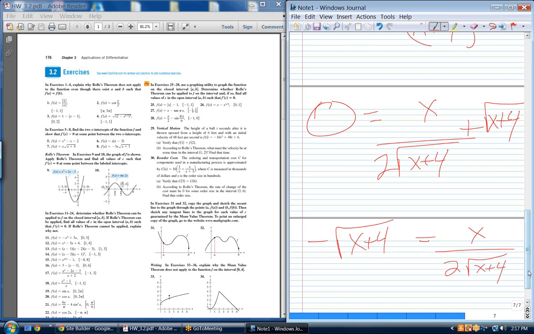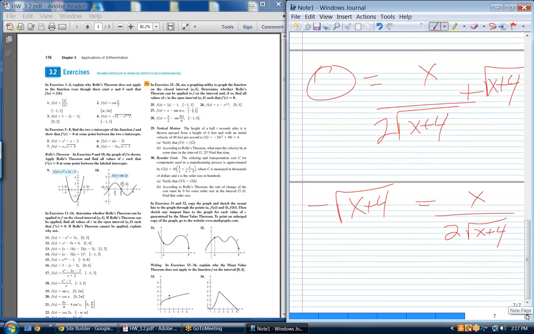Now multiply the whole thing by the denominator. So when I multiply the left by this denominator, what do I get? -2.